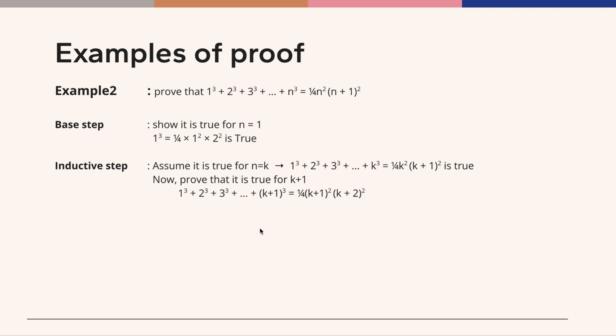For the case of k plus 1, it can be written as this. And from our assumption, we know that 1 cubed plus 2 cubed plus 3 cubed and so on until k cubed equals this number, which we get from here.